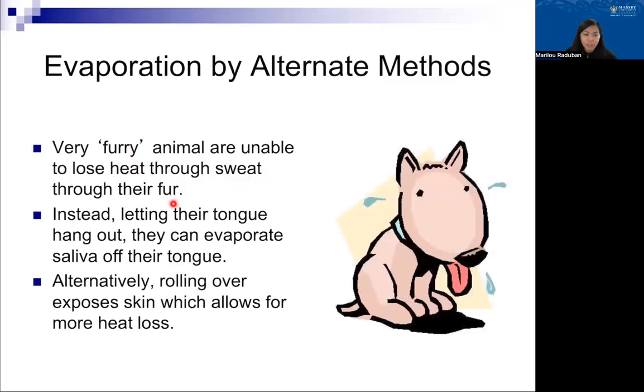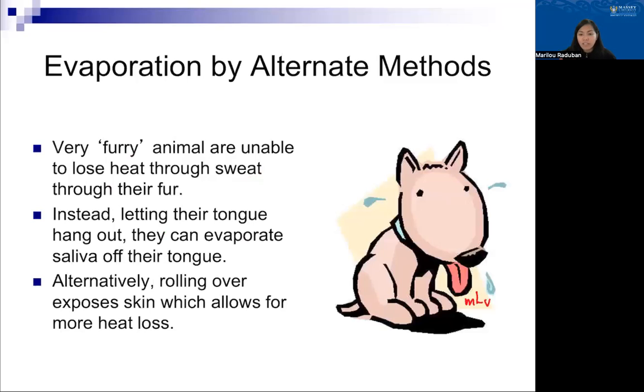Because they have fur that covers their skin, so sweat from the skin cannot easily evaporate. They use other means to cool their body, for example, evaporation from the tongue, but essentially it's the same concept. They hang their tongue out. The tongue has some, of course, liquid there, but it's the same concept.